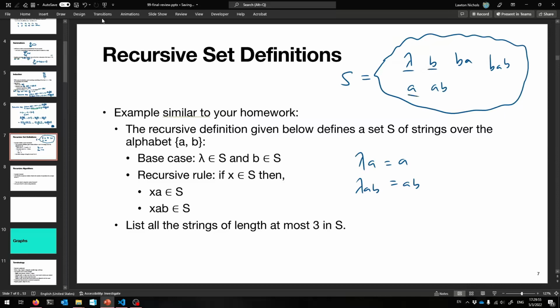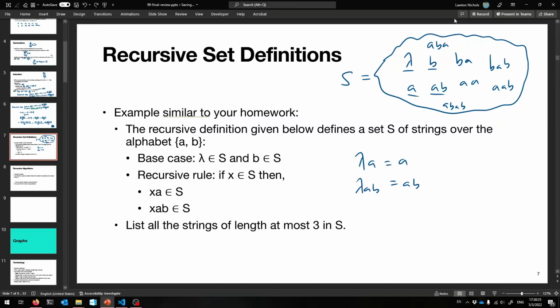Let's do it with A. That means AA is in S. AAB is in S. Let's do it with AB. That means ABA is in S, and ABAB is also in S. Yay. Again, I don't have to do this one anymore, but we made another string of length 3.